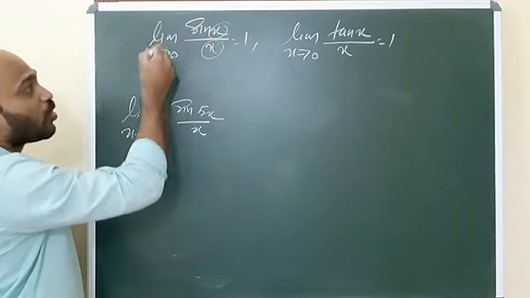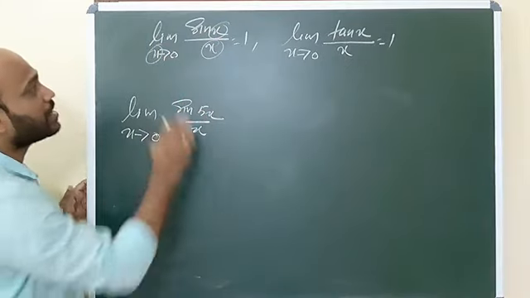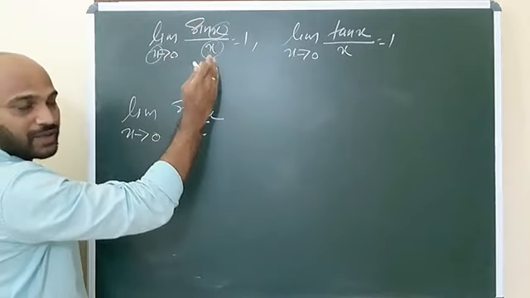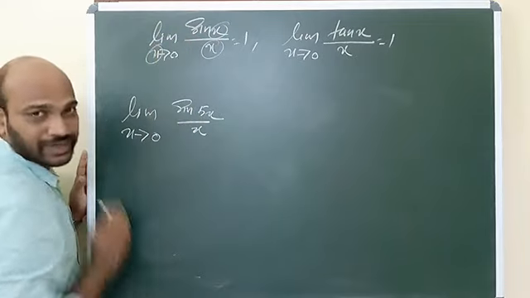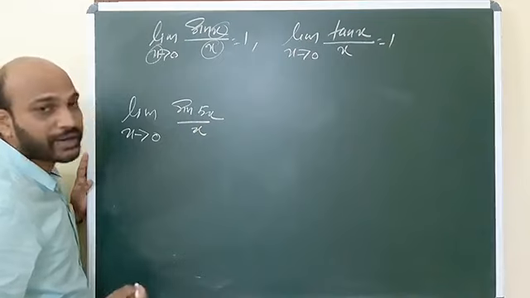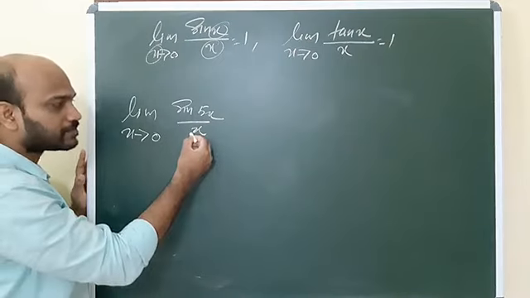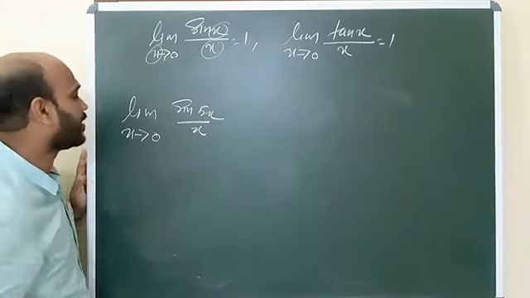That means limit y tends to 0 sin y by y will be equal to 1. Limit 5x tends to 0 sin 5x by 5x will be equal to 1. So you have to apply the result here. Here it is sin 5x, so the denominator should be 5x. How can we convert the denominator into 5x? You have to divide by 5. At the same time, you have to multiply by 5. Otherwise, the question will be different.